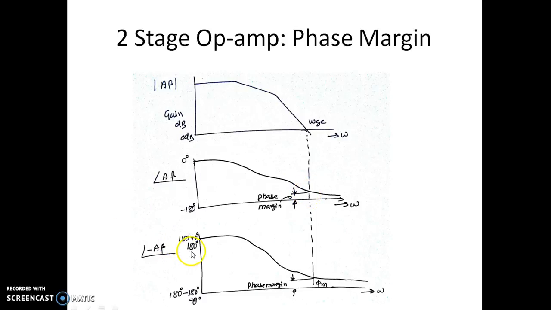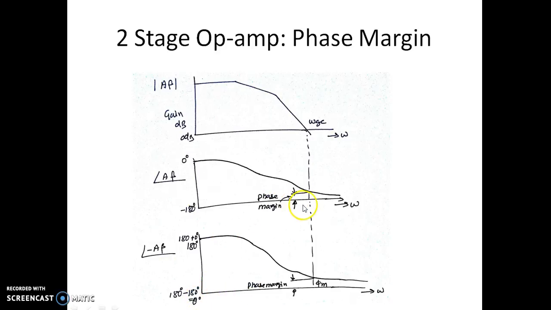So what we'll do is simply add 180 degree to all the y-axis values. When I add 180 to 0 degree, this becomes 180 degree. When I add plus 180 degree to minus 180 degree, this becomes 0 degree.